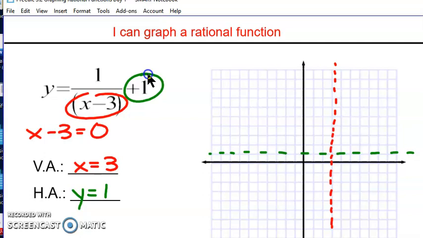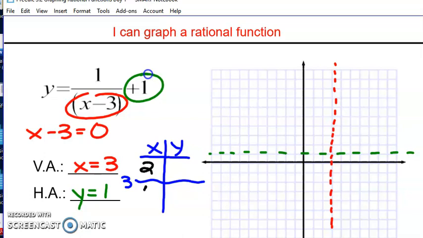The vertical asymptote is 3, and we're going to pick a point on either side. One number to the left of 3 is 2, a number to the right of 3 is 4. That's not actually going to be the graph, we're just doing that to figure out our points.